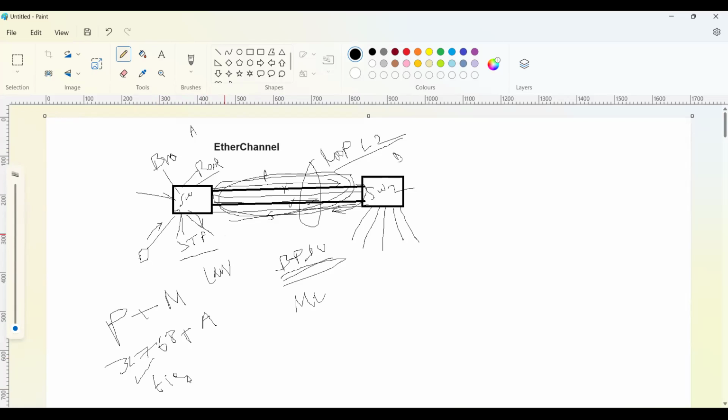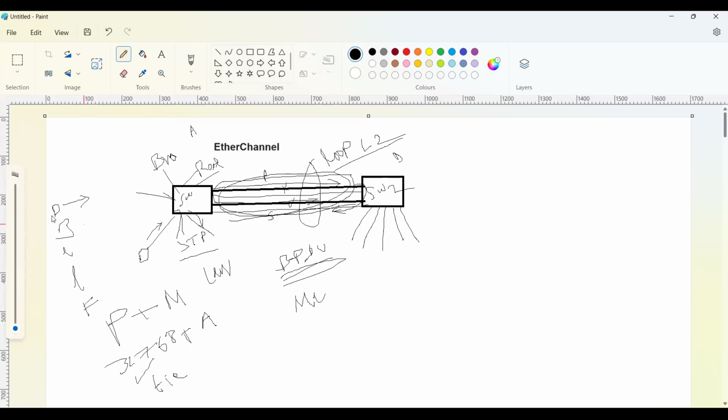Superior BPDU means the content of BPDU I told you about is generated in the superior BPDU. We have 5 states: disabled, blocking, learning, listening, and forwarding. Disabled means we haven't configured the switch, it is in off mode.